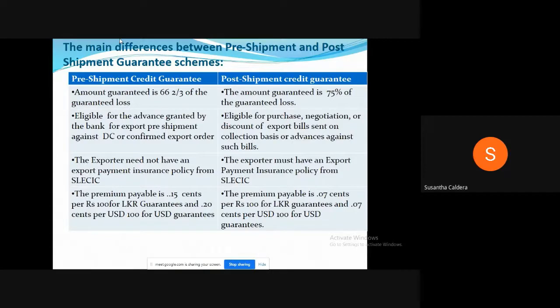I'm sure if the banks and the government are promoting this, a lot of exporters will go for it. To cover 100 million, it costs us only 1,500. Just imagine. 100 million is how many dollars?